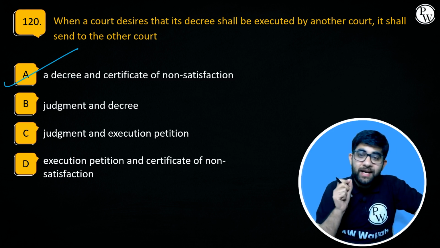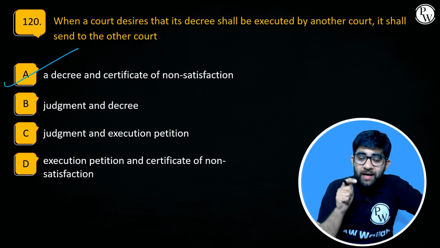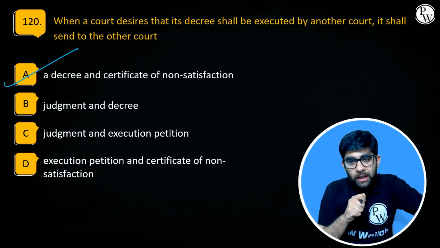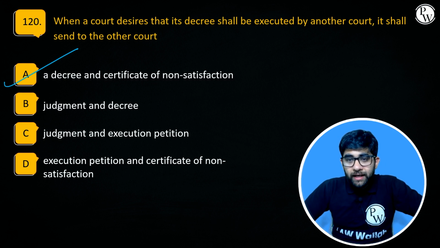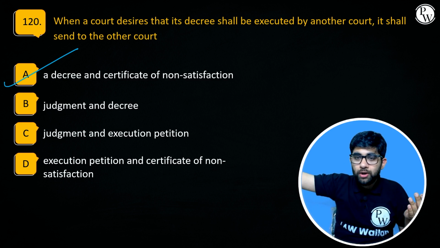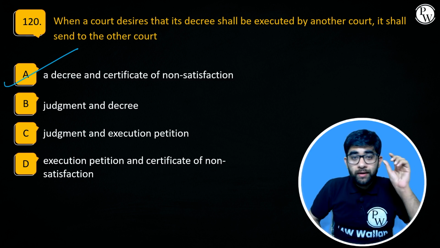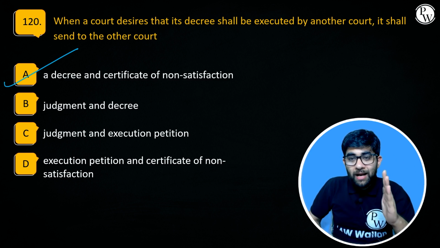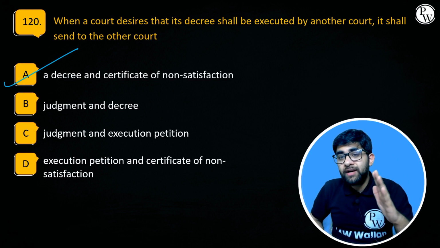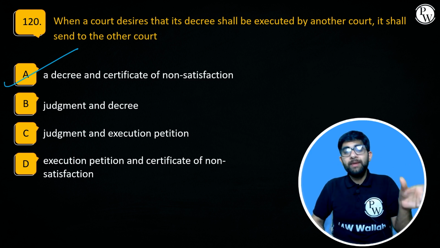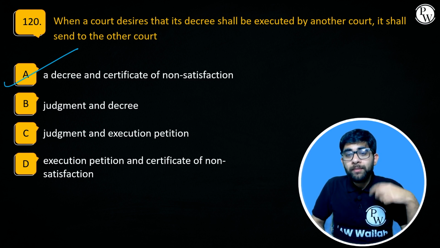Now plaintiff has filed an execution of the same, where he has said that the property from where I will get my funds is in Kolkata. Now the property in Kolkata was not able to give the fruits of the decree. Now the decree has to be shifted to another competent court. So the trial court will send it to another competent court with a copy of the decree and a certificate of non-satisfaction, that the decree could not be satisfied.